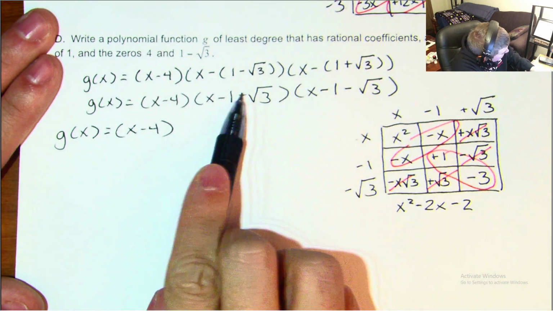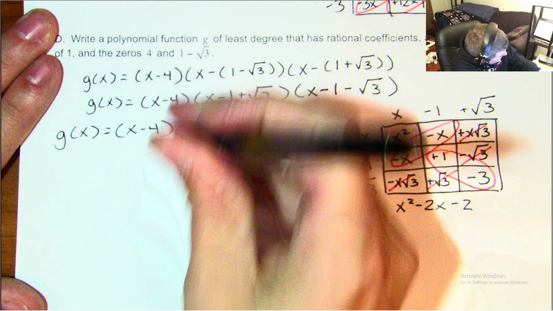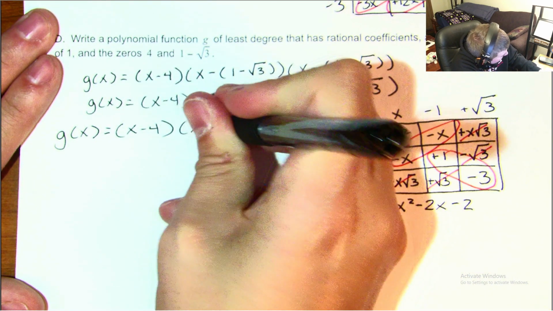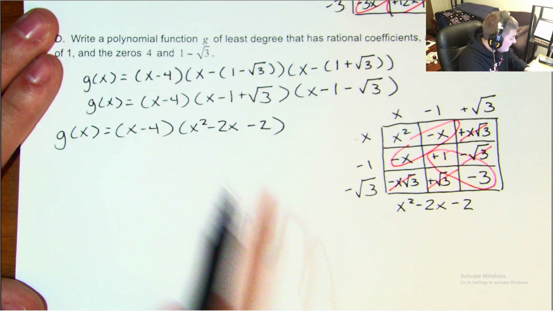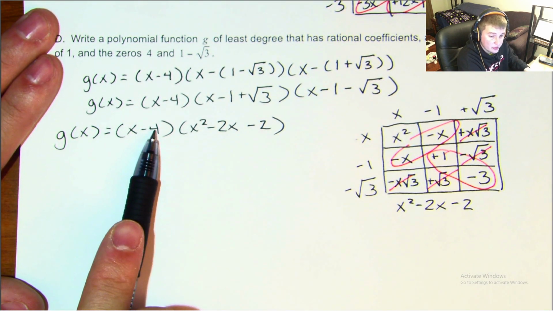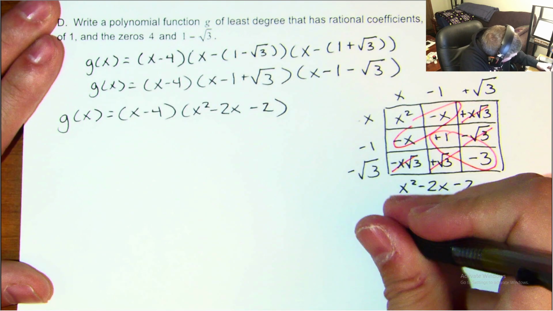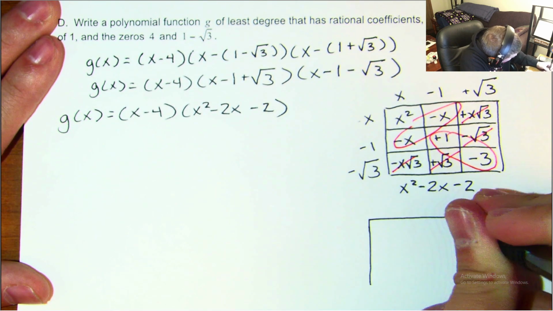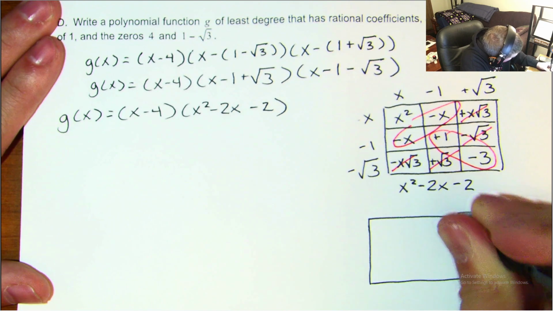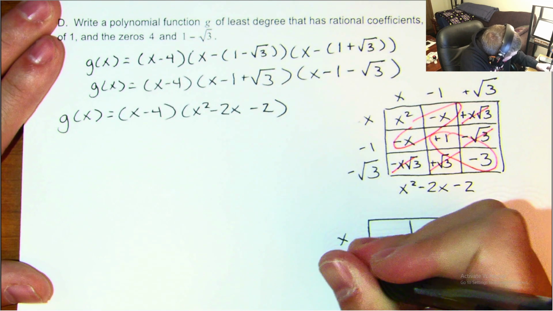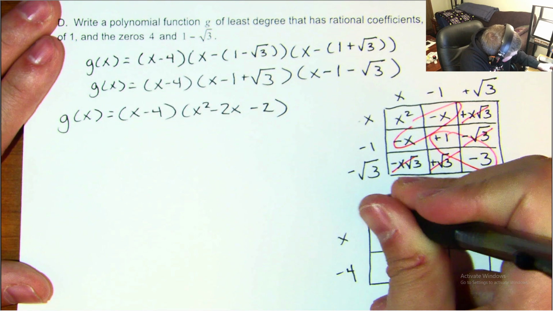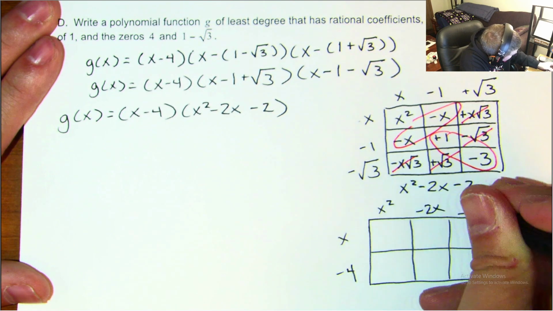Okay, so this times this is equal to this, x squared minus 2x minus 2. And then lastly, all I have to do is multiply these two parts together. x minus 4, x squared minus 2x minus 2.